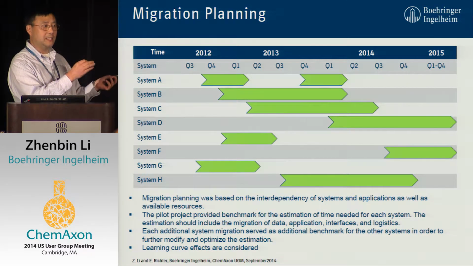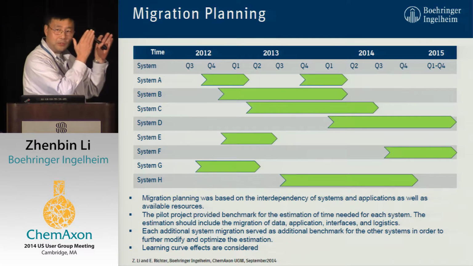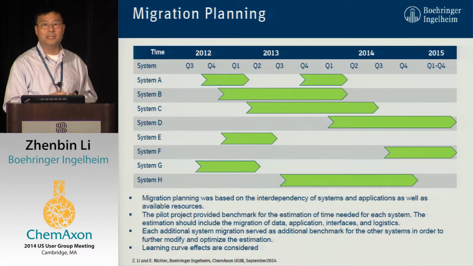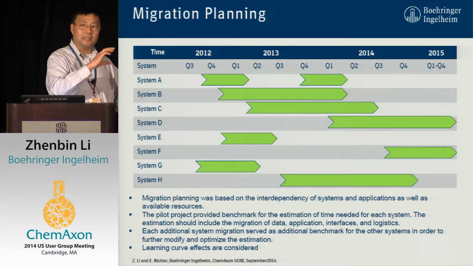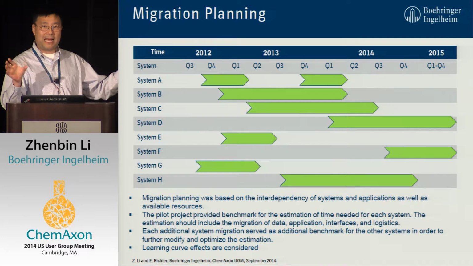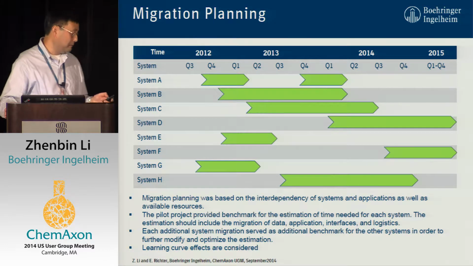For certain systems, there was only one data transfer, so we can maybe do this without really having an impact on other systems. So that gave us not only how long we're talking about, but also how we can match the time to minimize the risk to the current productive system.